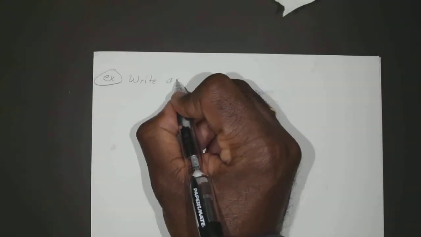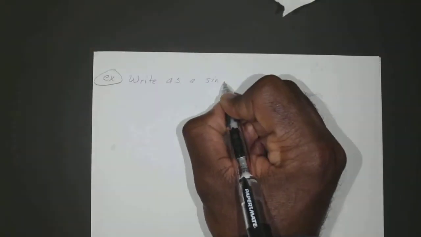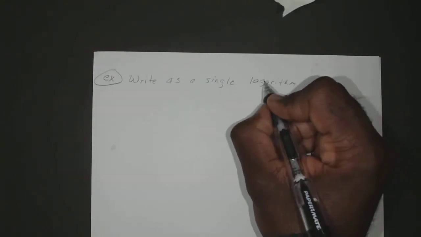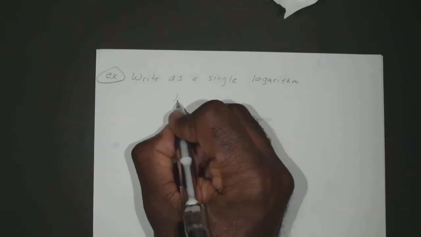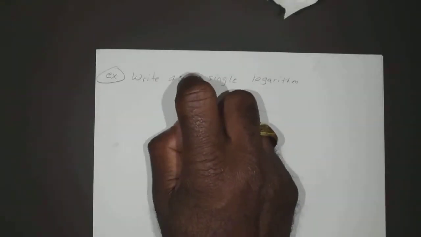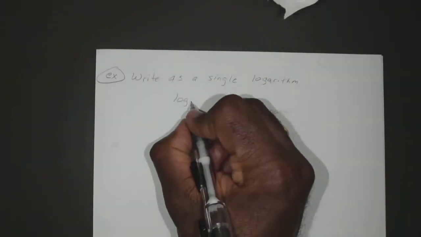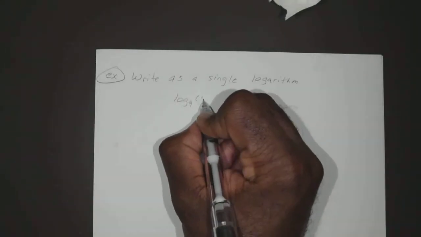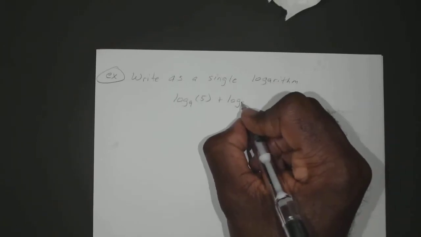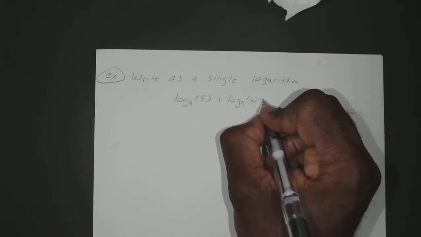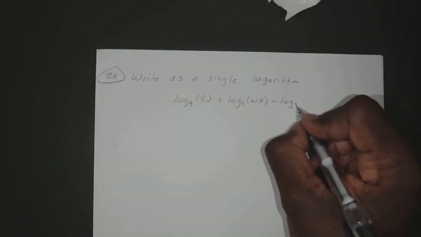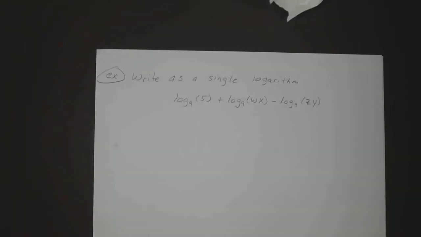Okay, so write as a single logarithm. What if we have log base 9 of 5 plus log base 9 of w times x minus log base 9 of z times y.